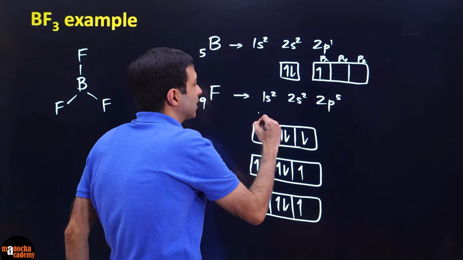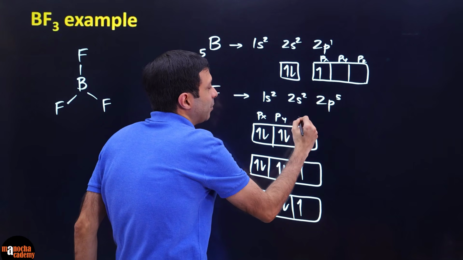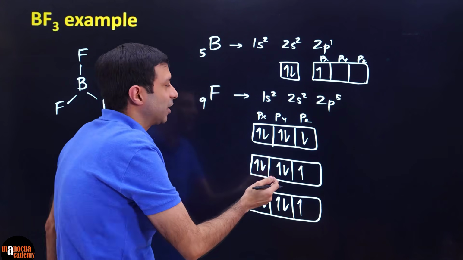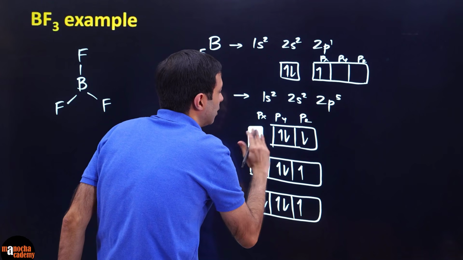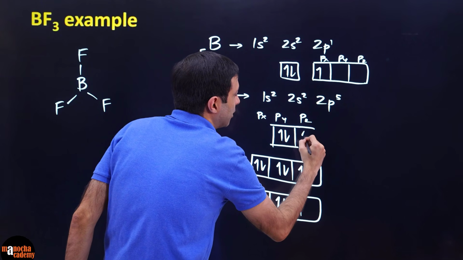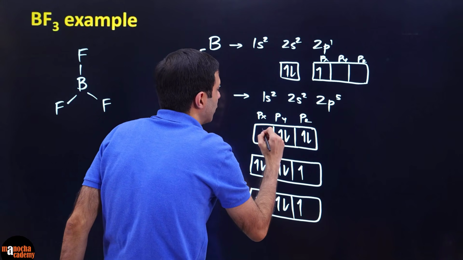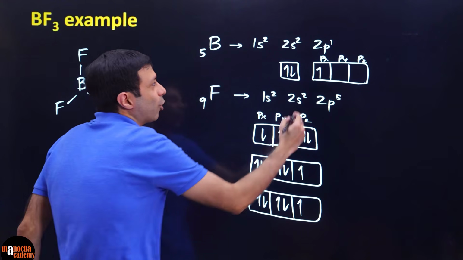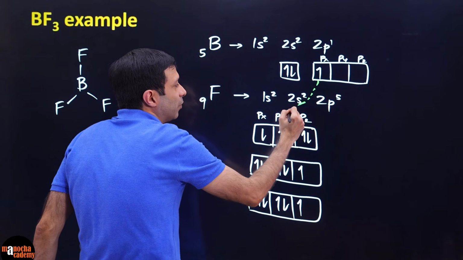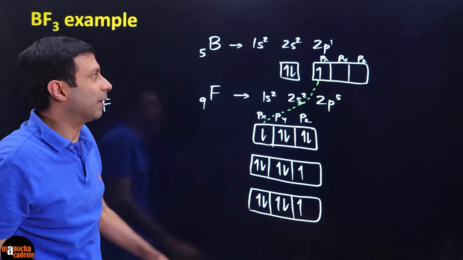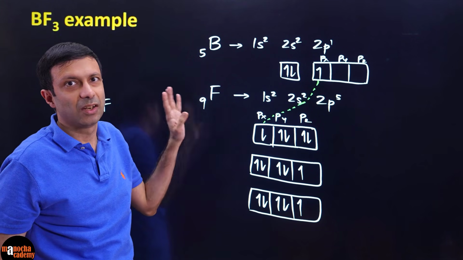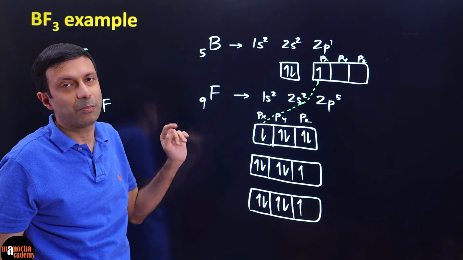Remember, this is px, py, and pz. So we can always adjust the electrons. So I'm going to do the complete pairing over here, and we can put the single electron with opposite spin here. So this boron and fluorine atom orbitals will overlap, right? The px and this px of the fluorine atom, there's going to be an overlap, 1 bond.